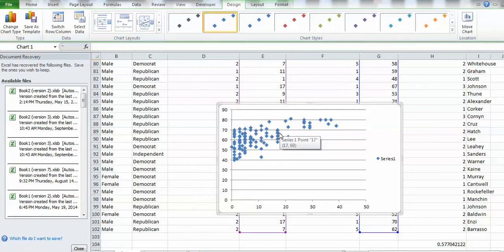So what we need to do is look at this person and go down to the x-axis, and we find out the number of years that person has been in office, and it looks like about 12. If we go over to the y-axis, we find out how old that person is, and it looks like maybe 41 or 42.